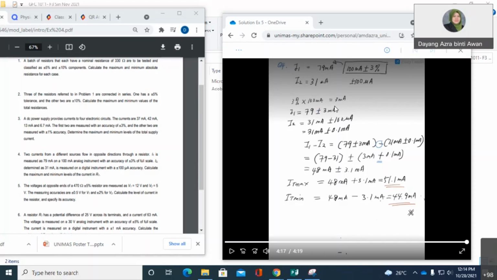It's not the error of the current that you measured. So 3 divided by 79, you have around 0.04, or you can have 0.038, your current.